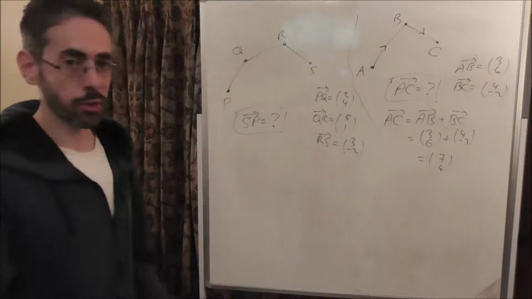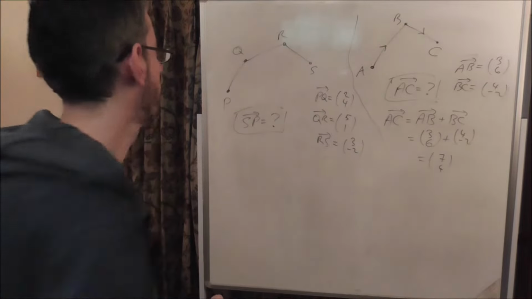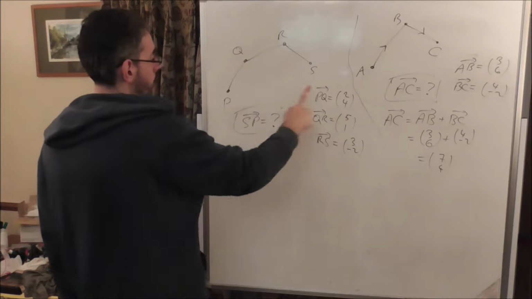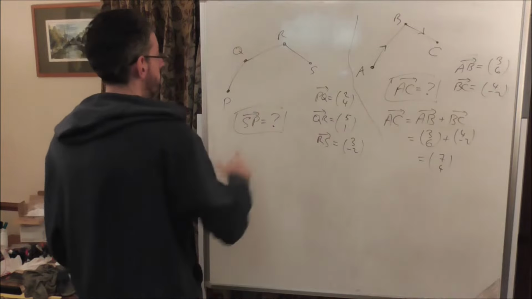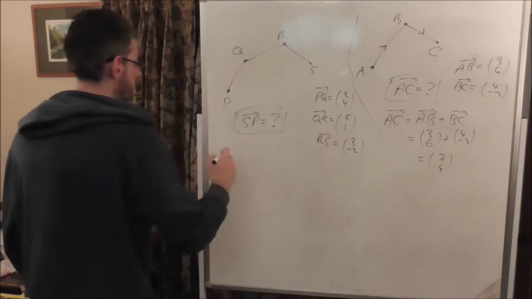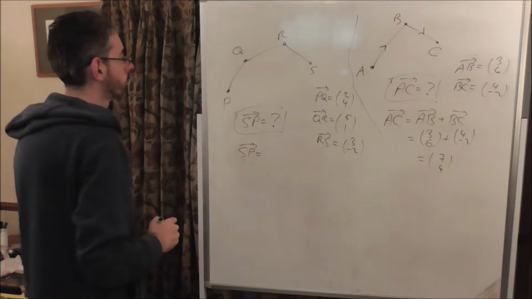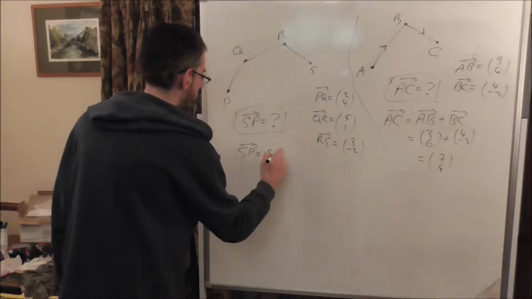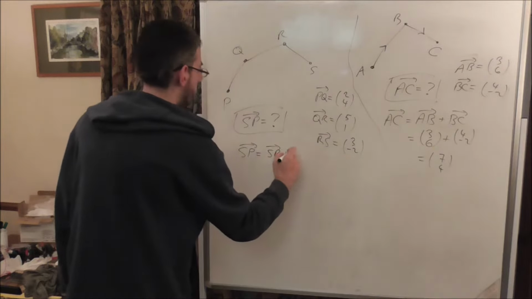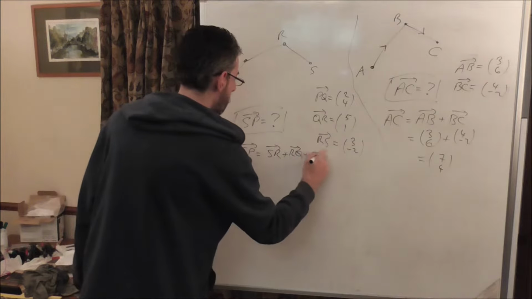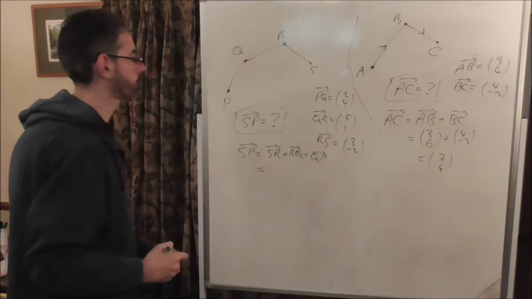Now there are a couple of ways of doing this. One way is just to start at S and go to P and add up vectors along the way. We know all these vectors, and then when you add them up, you'll get the overall journey. So to work out S to P, you could just do S to R plus R to Q plus Q to P. And we can work all of those out.